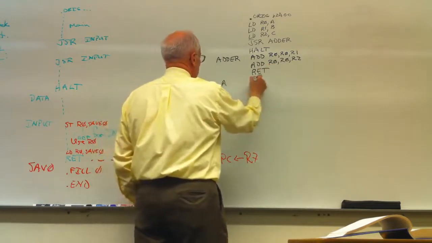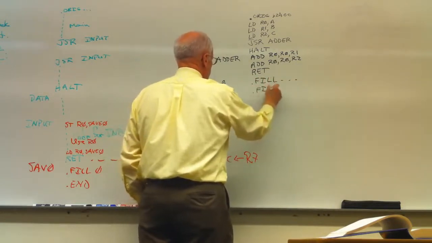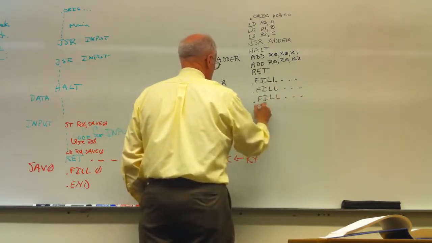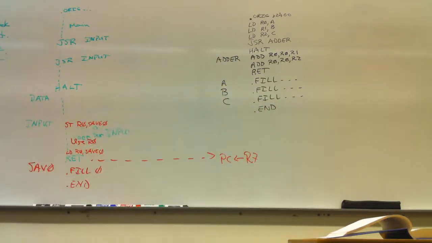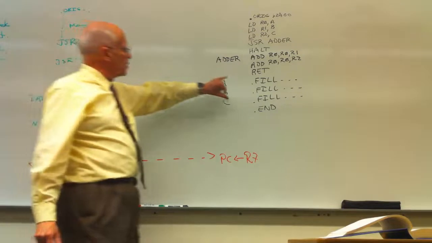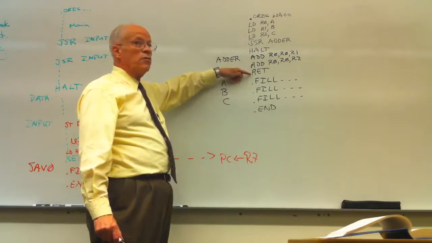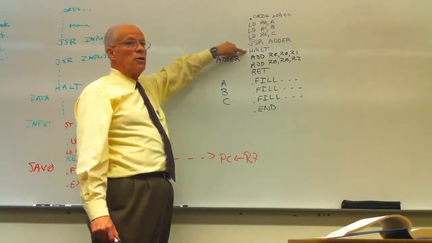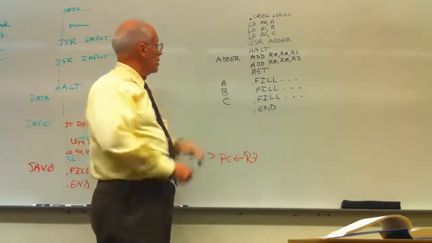Okay, and then I've got my A here with some value, B, C. Now, notice that there's no way that I can hit this stuff to be executed. Because if I'm here, I'm going to hit this return, which is going to send me back into here. If I'm up in here, I hit the halt, and I'm going to stop executing. The halt has to come before your subprogram, by the way.